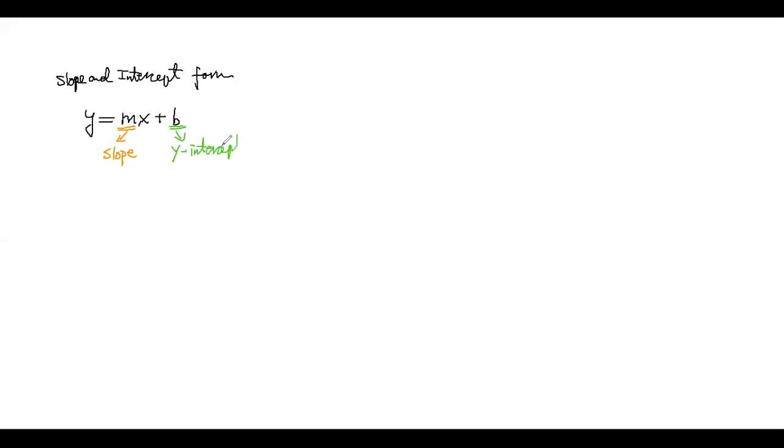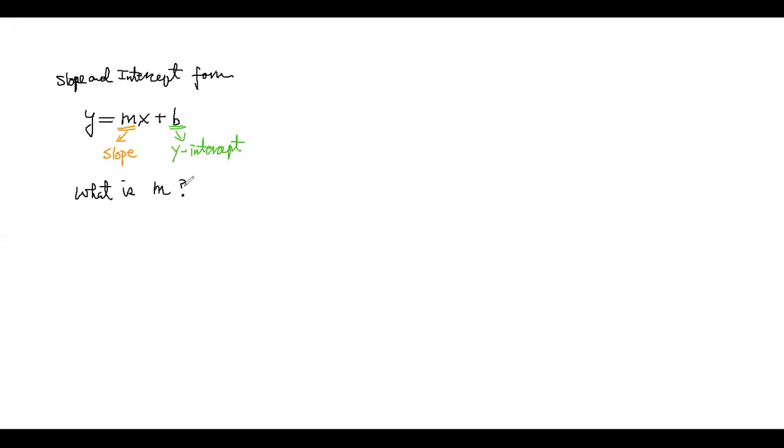That means when x equals 0, what is the y value? So b is the y-intercept. If I ask you, what is the slope here? What does m mean?